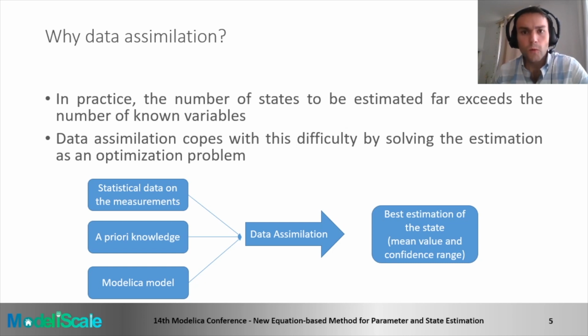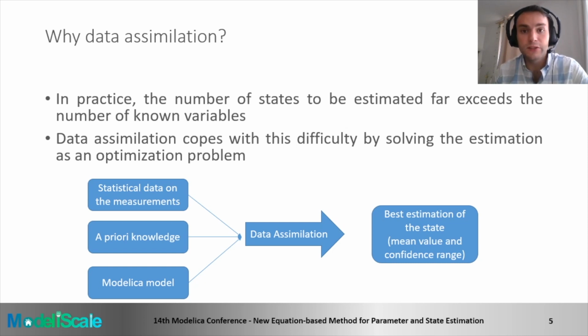So we have tried to use this approach for the initialization of Modelica models because we are going to use all the available information: the model, the knowledge that we have about the system, and of course measurements or observations that can be made on the real system if it exists, or on the operating point that we want if we are more in a design phase, for example.